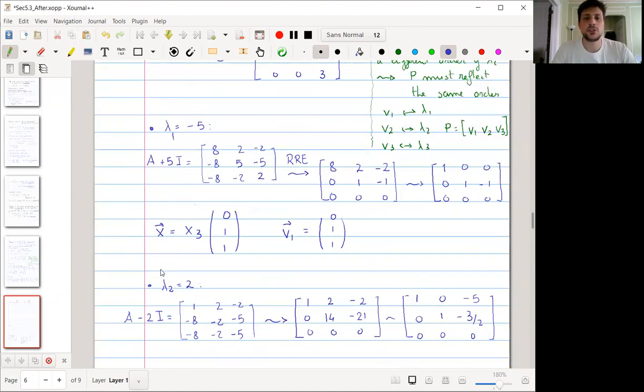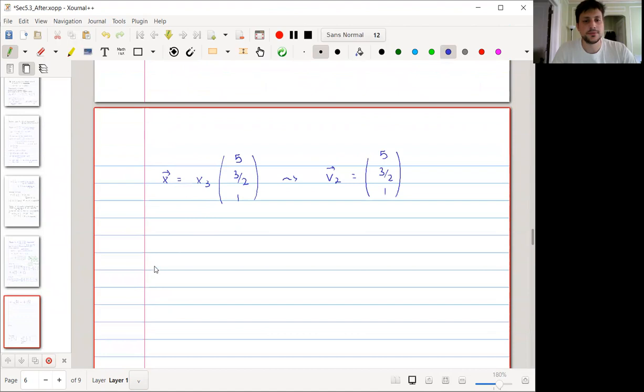Now let's do the third, which is 3. Our matrix A is right here. When I take A minus 3 times the identity, I get a 0 here, I get a minus 3 here, and I get a negative 6 down here. Again, let's do a row reduction.